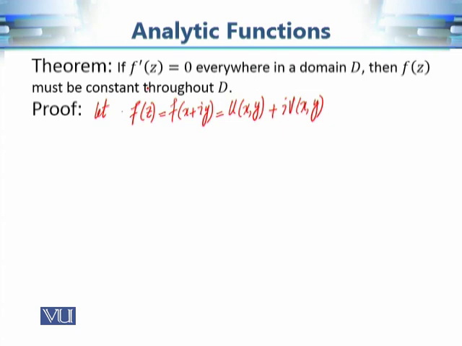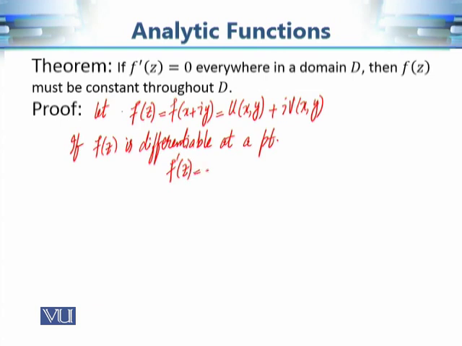In other words, it is differentiable, and we know that if f of z is differentiable at a point, then the derivative is given by u x plus iota v x, differentiating both components.